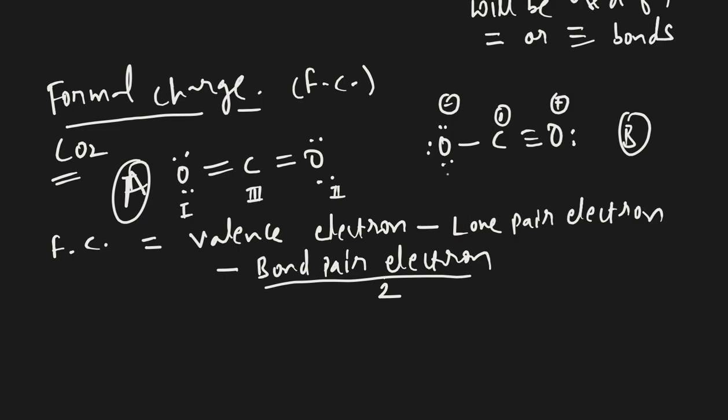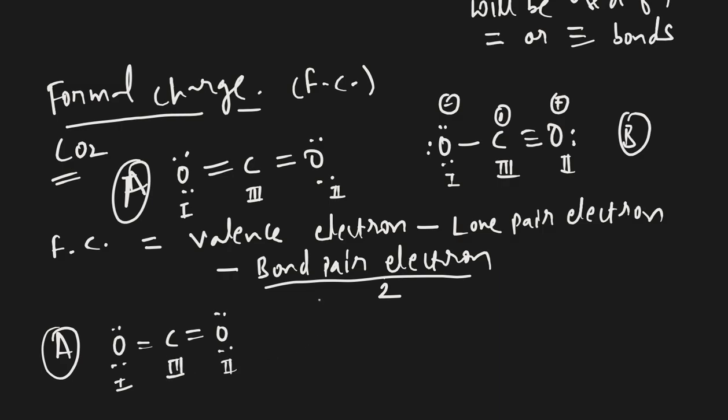And this is again 1, 2 and this is 3. So first, in case of A structure, that is this one, this is first, this is second, this is third. So first I'm calculating the formal charge on the first structure.